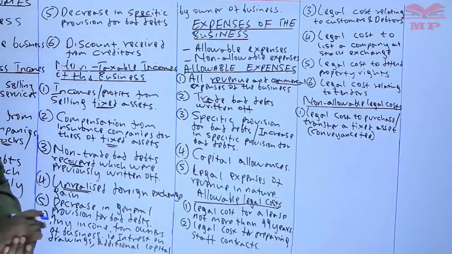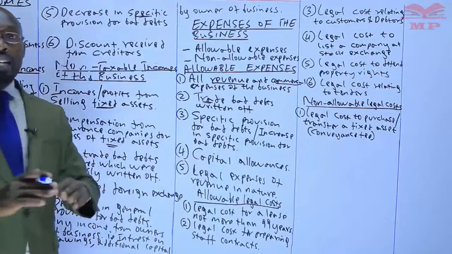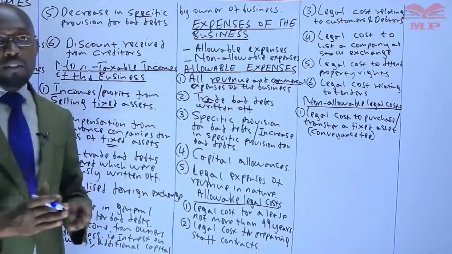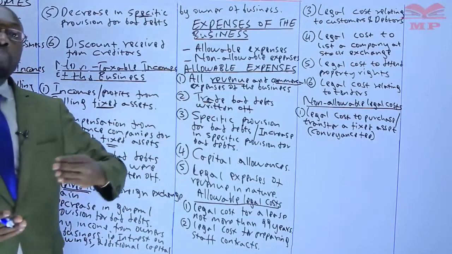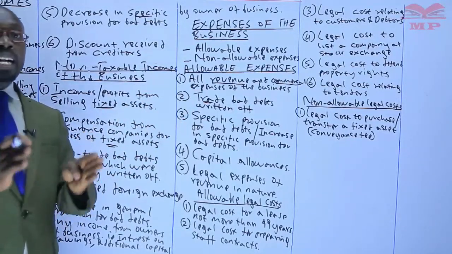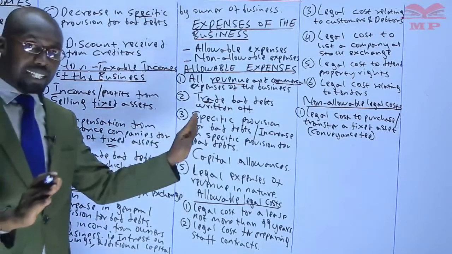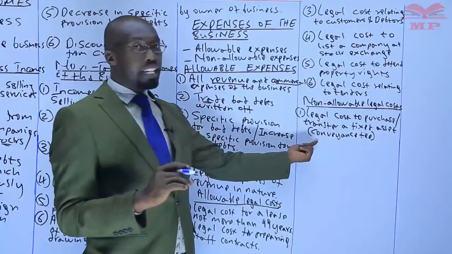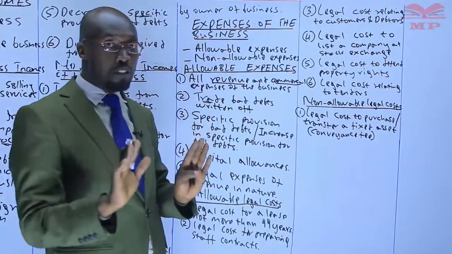Because here we said the legal costs we allow are the ones that are revenue, that the benefit can be realized within a year. The ones whose benefit extends beyond 1 year, we don't allow. Fixed asset is one of the items where you enjoy benefit for a period that is more than a year. So when you are purchasing or selling, you incur some legal costs that you're not allowed to deduct against the taxable income of your business. That cost is also called conveyance fee. This is very common. So it is usually not an allowable expense. It is related to the fixed asset.